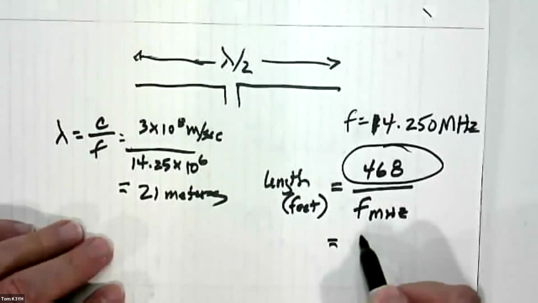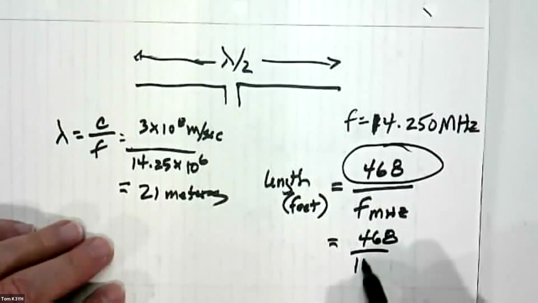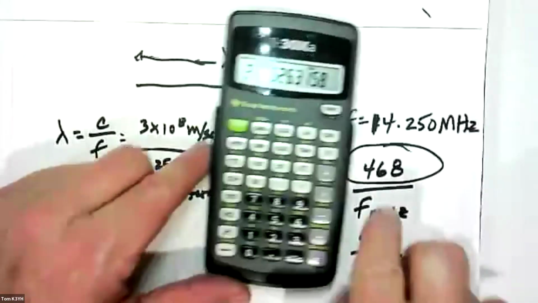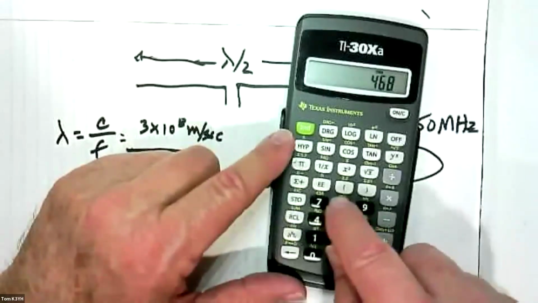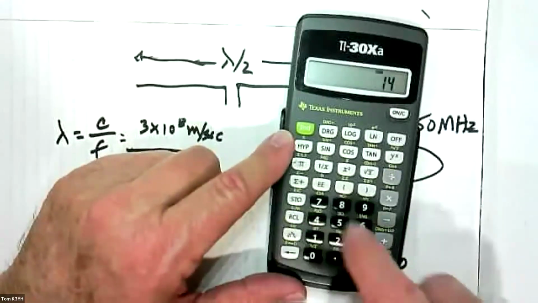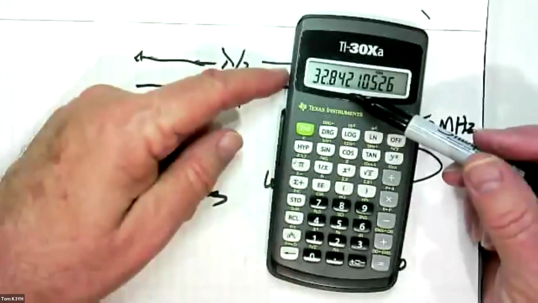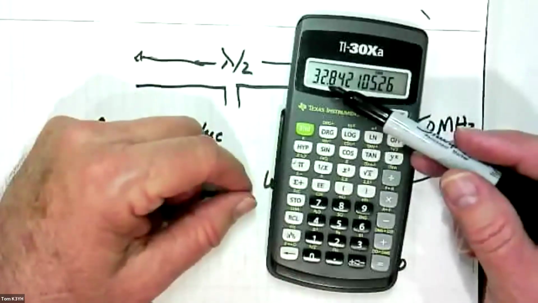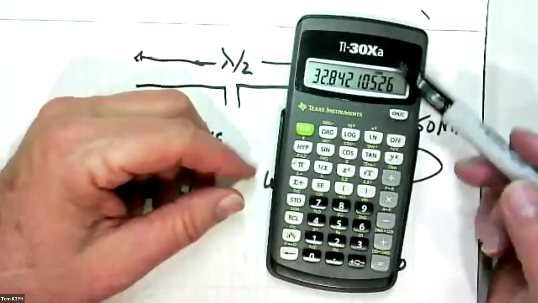Use this number. Okay, so in this case, I got 468 divided by 14.250, and it's about 33 feet. Okay? And I'll show you that that's the right answer in a minute.